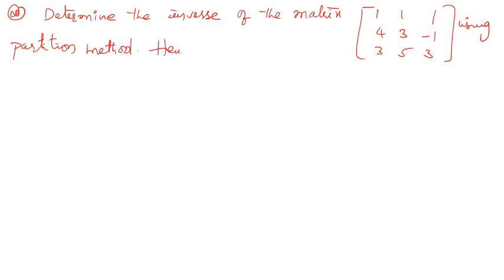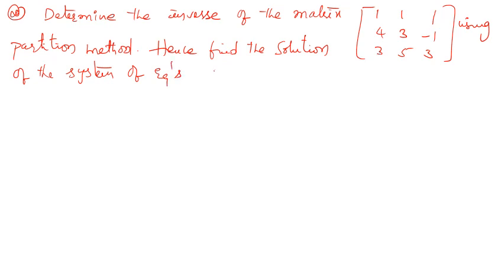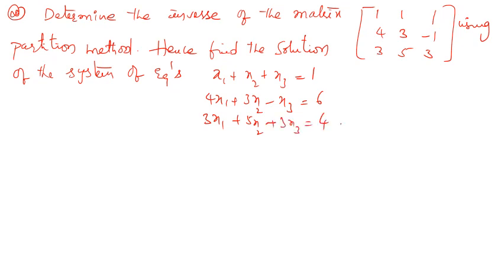Hence find the solution of the system of equations x1 plus x2 plus x3 equal to 1, 4x1 plus 3x2 minus x3 equal to 6, 3x1 plus 5x2 plus 3x3 equal to 4. Okay, this is the problem.